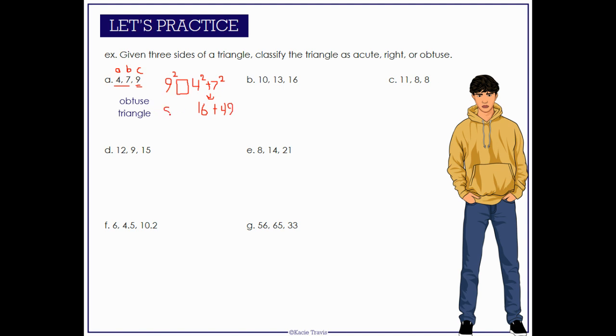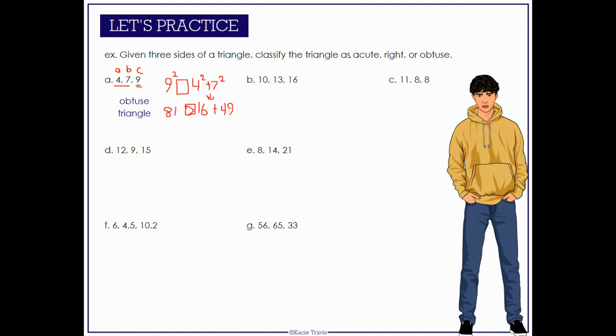And 9 squared is 81. Now, off the rip, I can already tell you that this isn't going to get all the way up to 81. Because if you add the 1 from the 16 over to the 49, that gets you to 59. The 6 plus that 59 would end up bringing you up to 65. So that makes this side here, c squared, larger, making this an obtuse triangle.